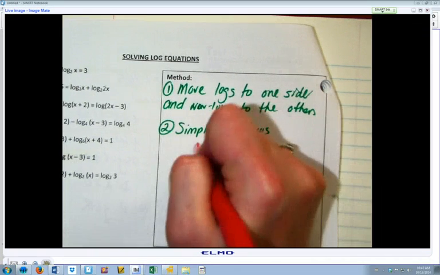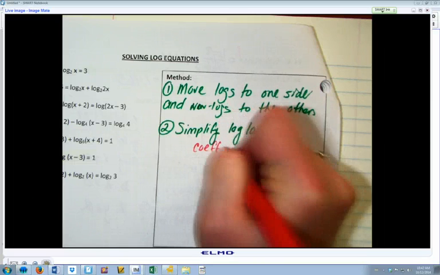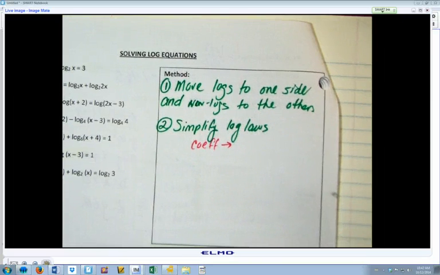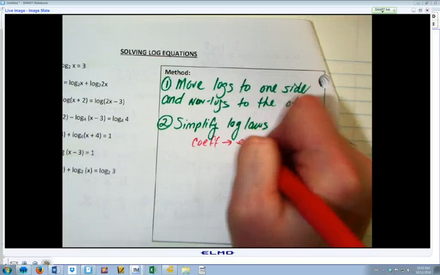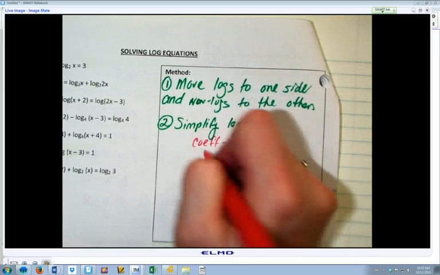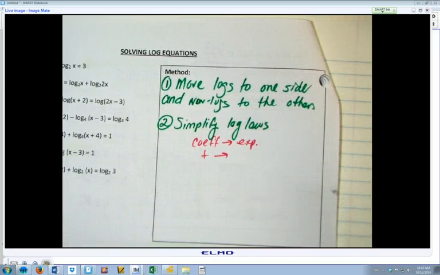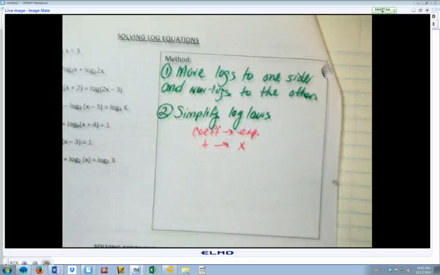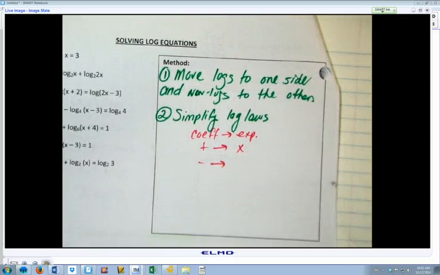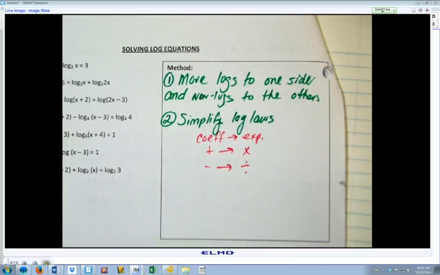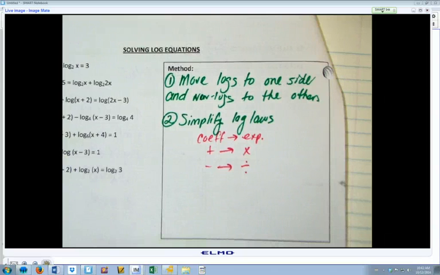So when we're simplifying, coefficients become exponents. Adding becomes multiplying. Subtraction becomes dividing. How do you know when you're done simplifying? How do you know when it's enough simplification? One log. We're down to one log, one base.